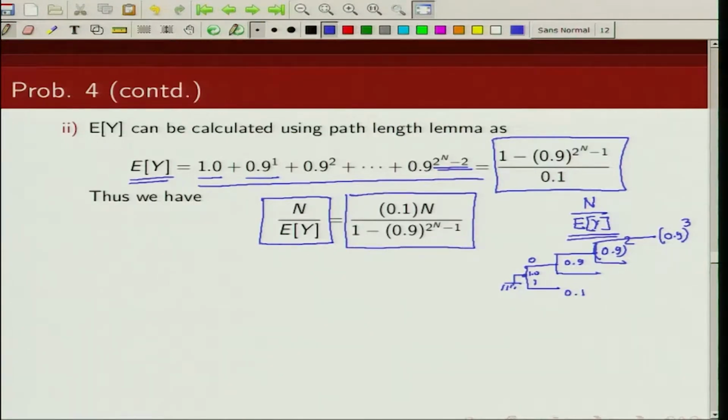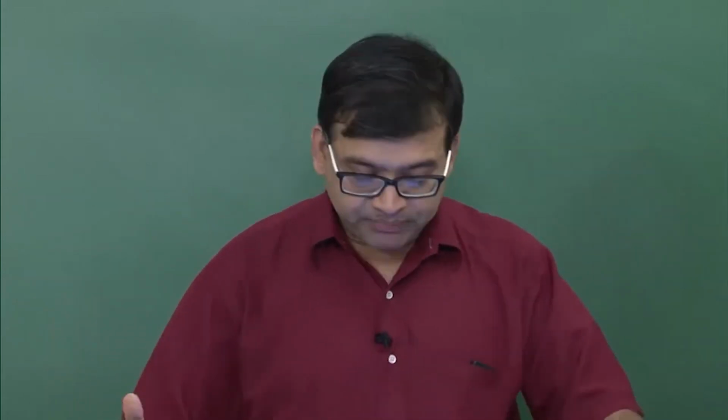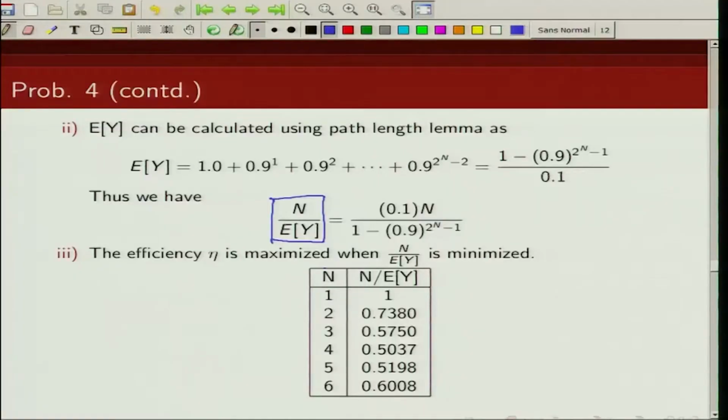Now, the third part of the question asks for the value of n for which we get maximum efficiency. Of course, we will get maximum efficiency when this ratio is smaller, because we want to compress large blocks of data; remember, we are doing variable-to-block length coding. So the output block length is fixed, and we get more compression if we are able to combine larger blocks of data into this block of length n. So we evaluate this ratio for various values of n.